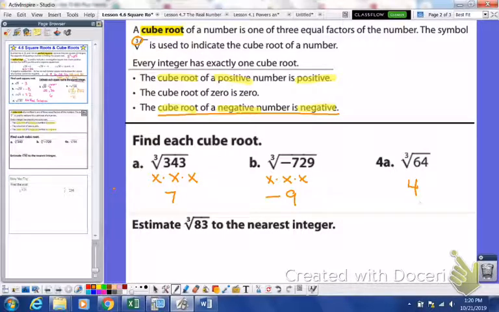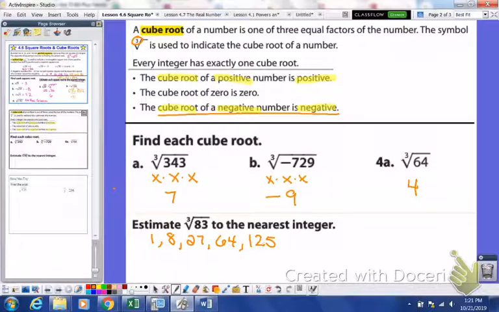Okay, so estimating the cube root of 83 to the nearest integer. Same idea. 1 cubed, 1 times 1 times 1, gives us 1. 2 cubed is 8. 3 cubed is 27. 4 cubed is 64. 5 cubed, 5 times 5 times 5, is 125.